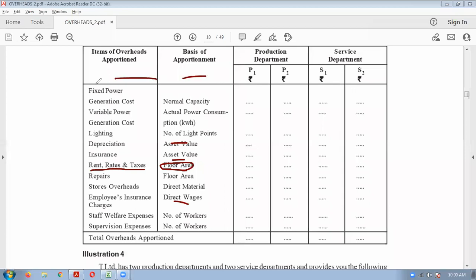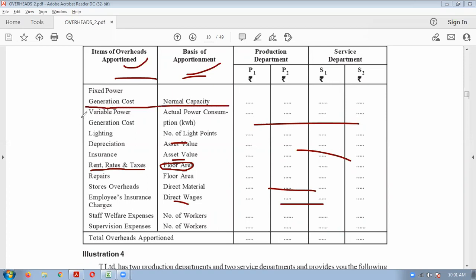So before that, you write and keep this. Make only 2 columns fast and write these 2 columns. No need of writing the other columns. Okay, only write these 2 columns: cost and the basis of apportionment, how you will apportion the cost. It will be very useful for your examination.